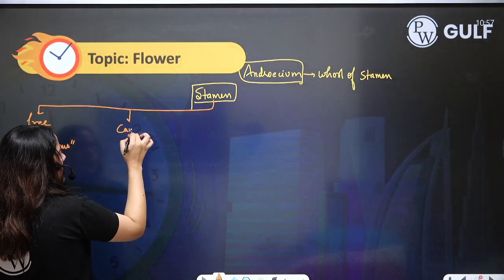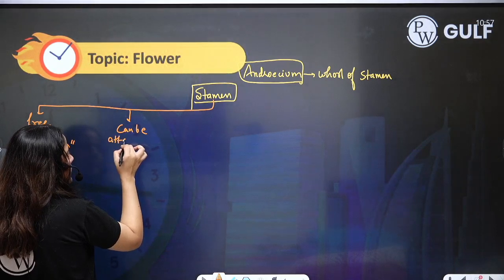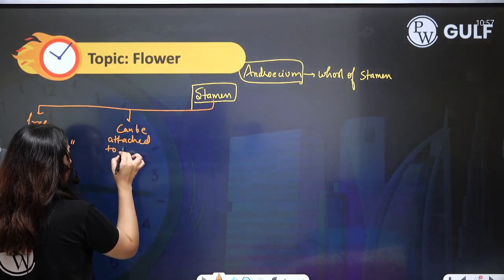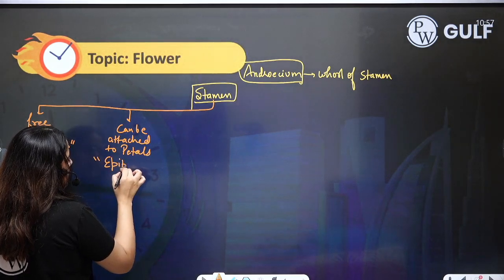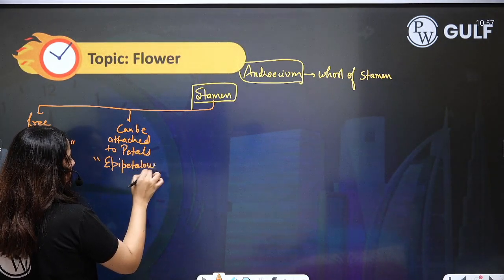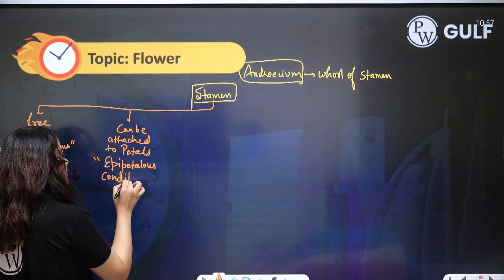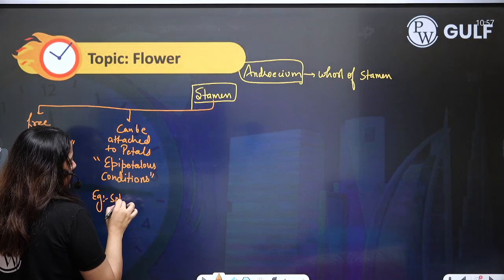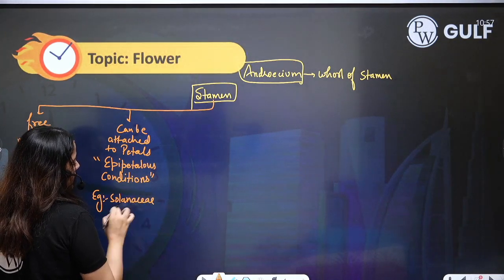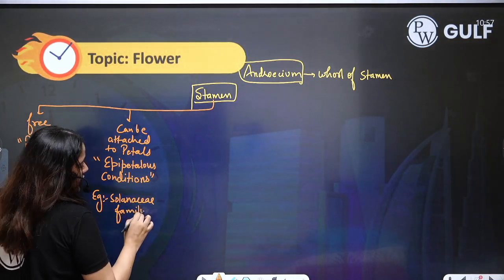Stamens can be attached to petals, known as epipetalous condition. Example, potato family, Solanaceae family.